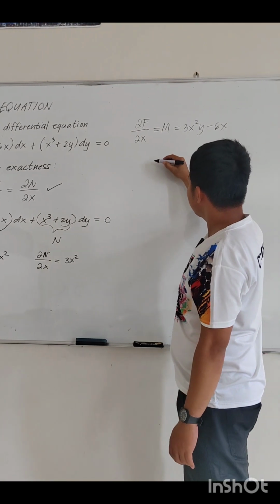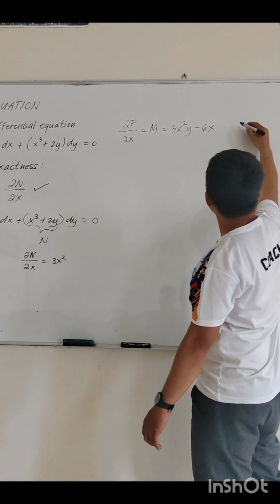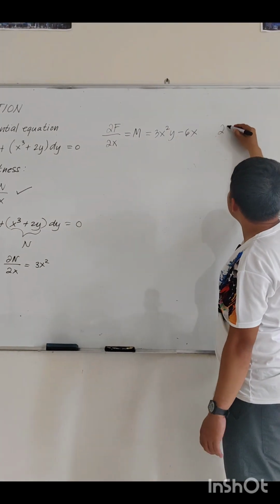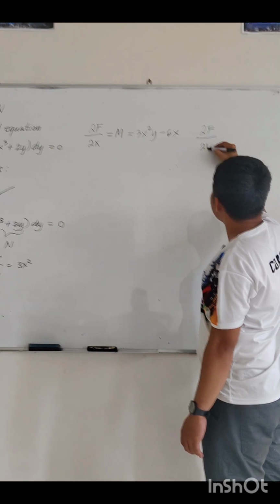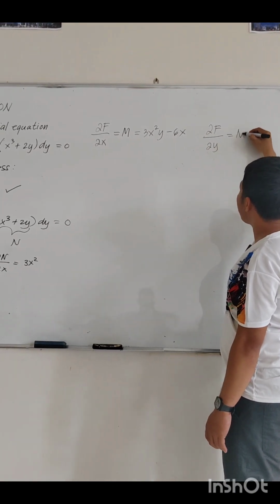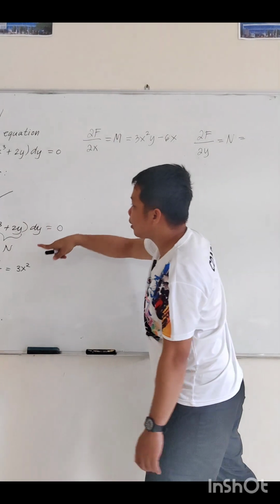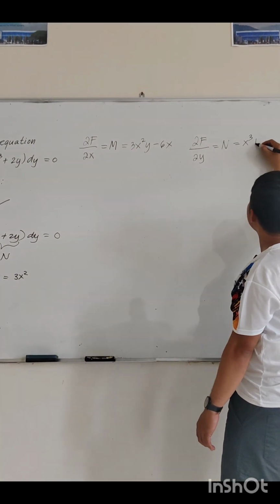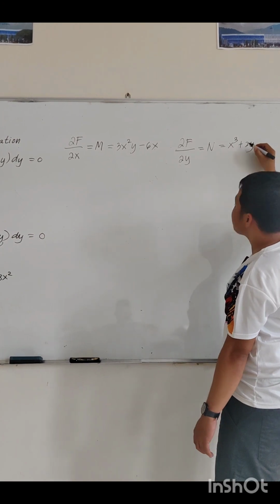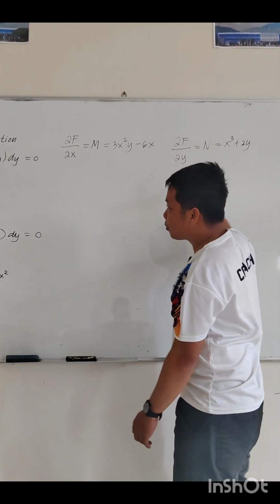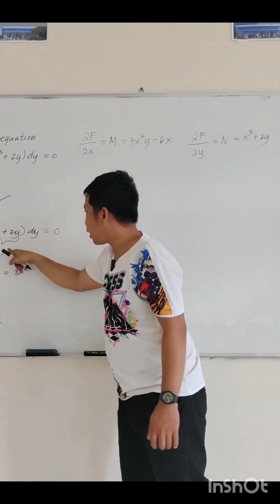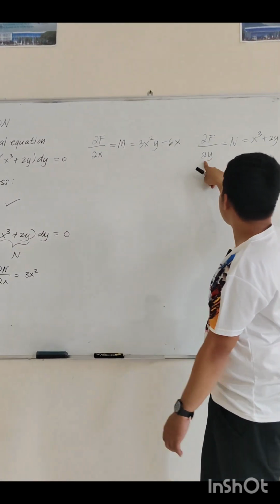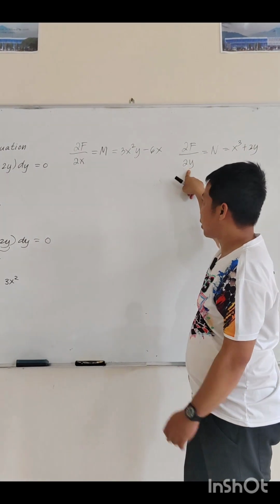And then, partial of f with respect to y naman, this is equal to N. And yung N natin, ano si N? We have x cubed plus 2y. Okay? Kasi yan yung N natin kasama si dy. Kaya, with respect to y dito.